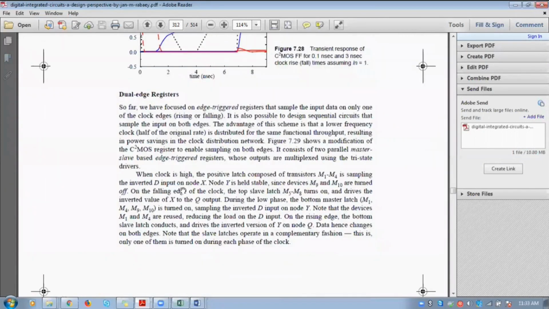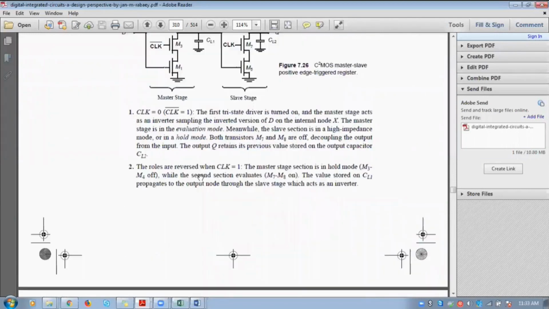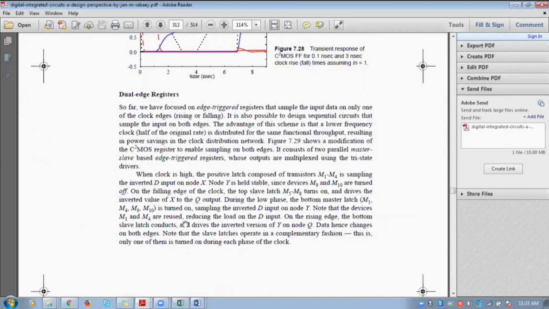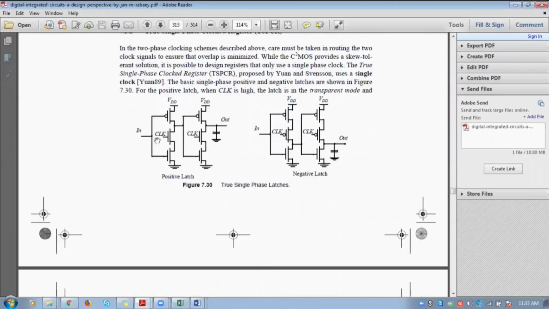If you compare the C squared MOS design and this particular design, in the C squared MOS design you had one PMOS and NMOS circuitry in between this stage. But here you have only one NMOS or one PMOS. So this is your positive latch when you are connecting clock to an NMOS. That is a positive latch. When we are using PMOS, that is a negative latch.